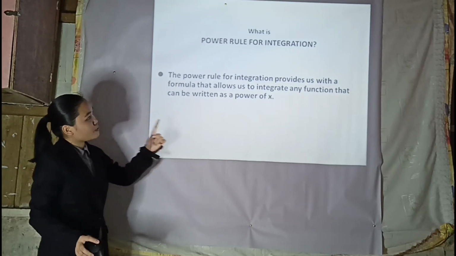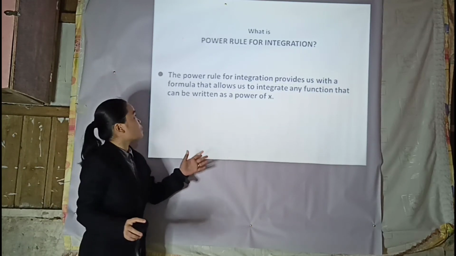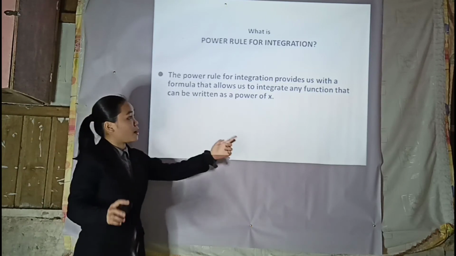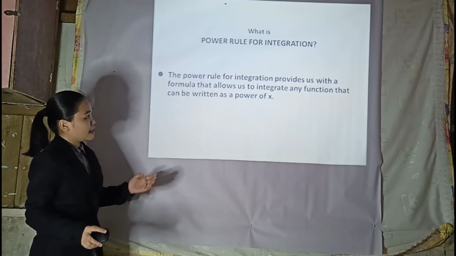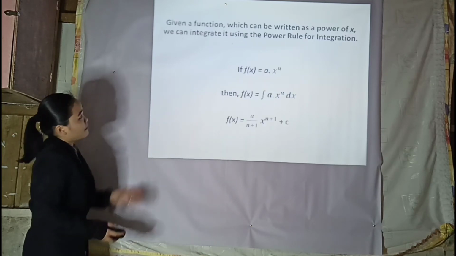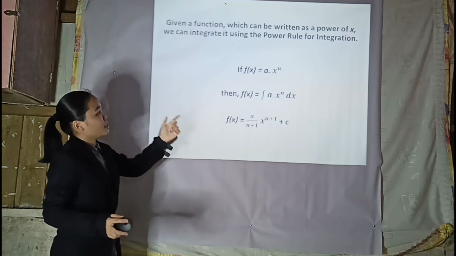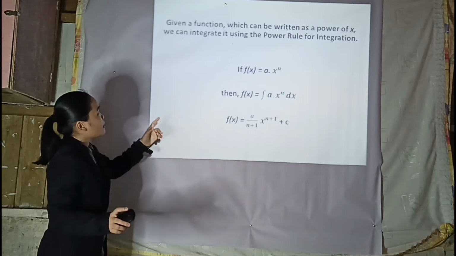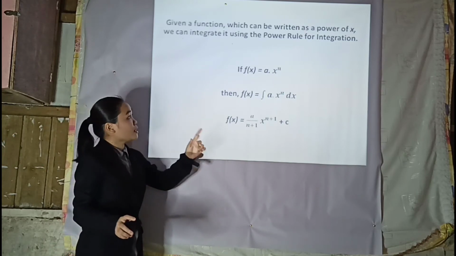So, the power rule for integration provides us with a formula that allows us to integrate any function that can be written as a power of x. Given a function which can be written as a power of x, we can integrate it using the power rule for integration.